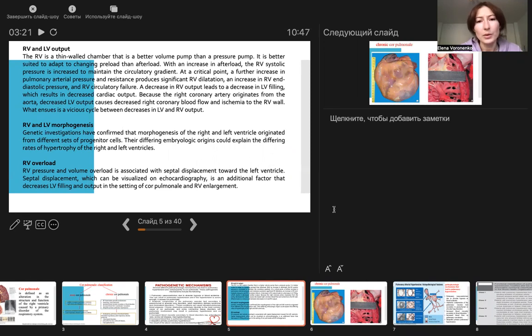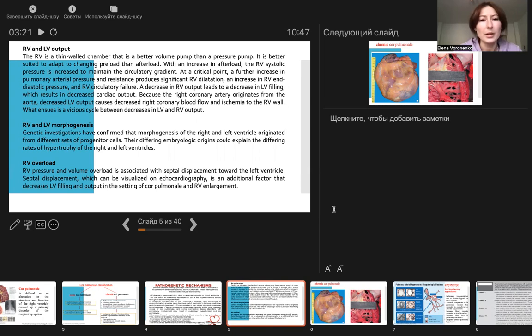At a critical point, a further increase in pulmonary arterial pressure and resistance produces significant right ventricle dilatation, an increase in right ventricle end-diastolic pressure, and right ventricle circulatory failure.